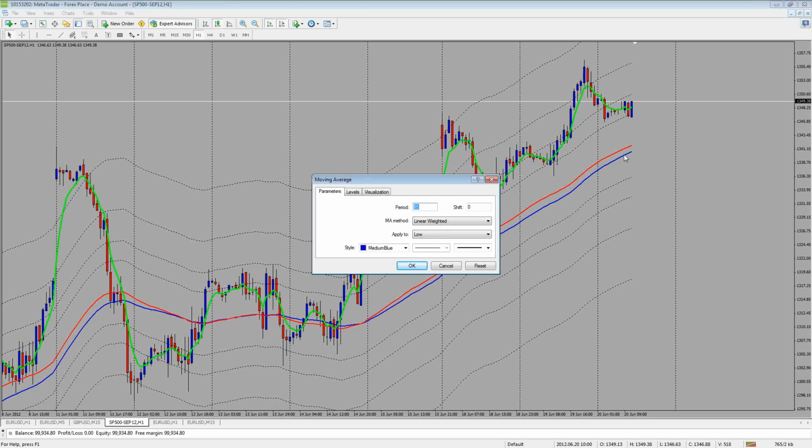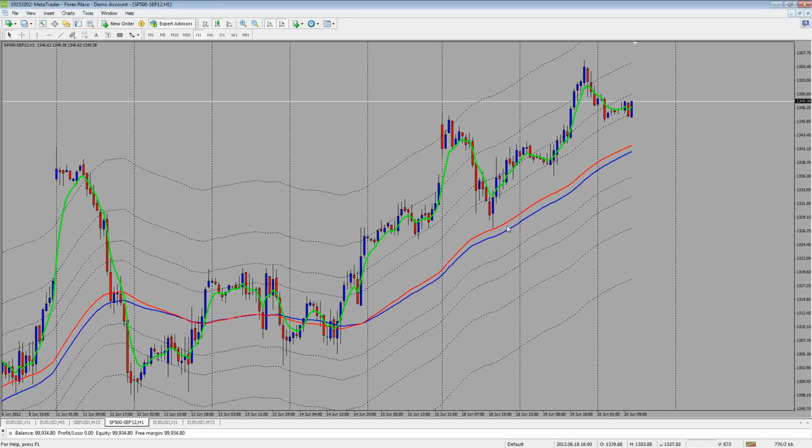You can of course always try to change the application to close or high or median or whatever, and see how it affects the trading strategy. But this is basically the default setup.